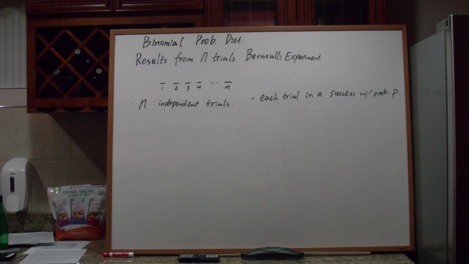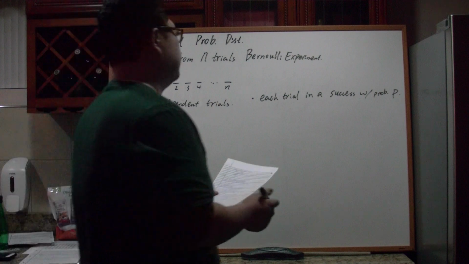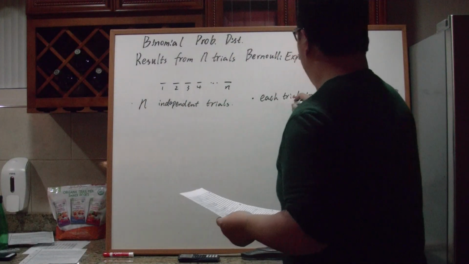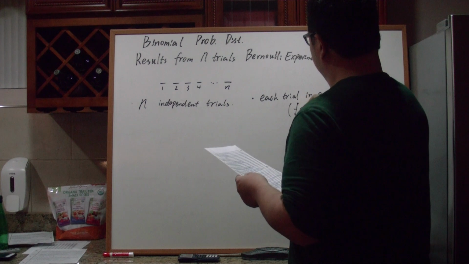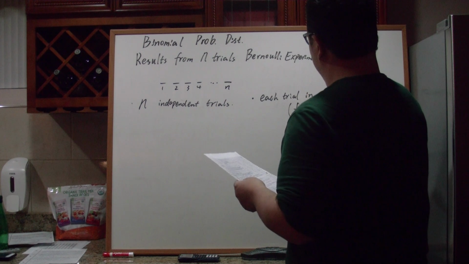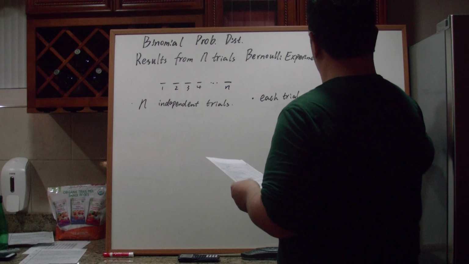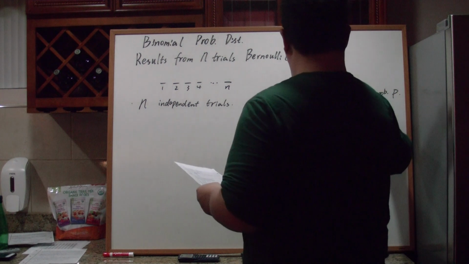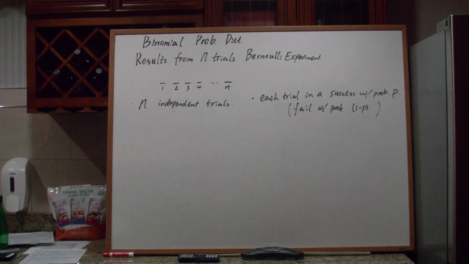The n trials are independent of each other, which means the first one being a success doesn't affect the second one being a success. Right, then success has probability p, and failure has probability 1 minus p.